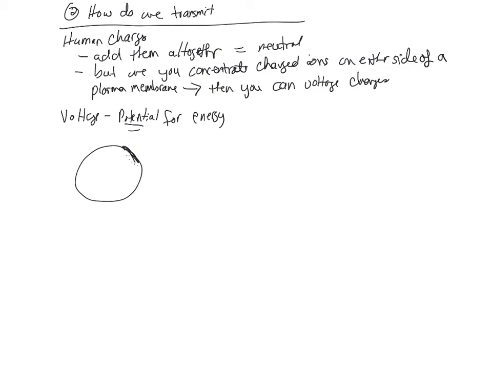I'm going to put a bunch of ions here, and then ions here, but not as many. Then I can have a voltmeter, and it can take one little electrode and put it right here, and another little electrode right there, and it will measure the difference between the two locations. And what it'll do is tell you how much charge there is.